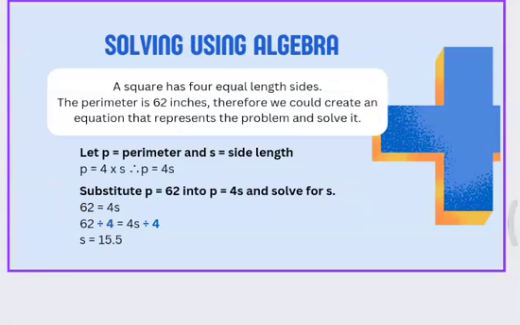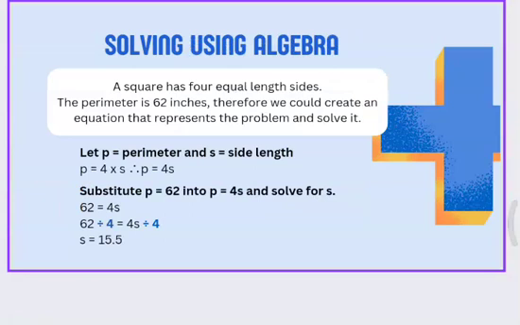We said the square has 4 equal sides, so that is why this equation is perimeter equals 4S. Substitute P, which is the perimeter that has been given to us as 62 inches, into the equation so that we can solve for S.